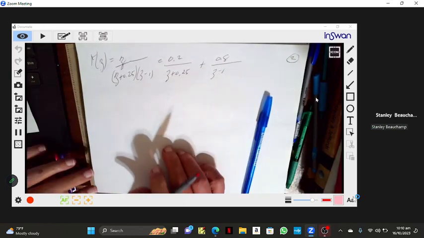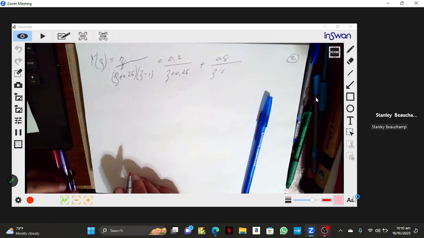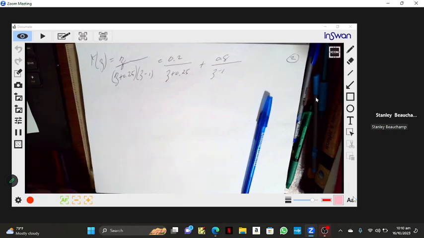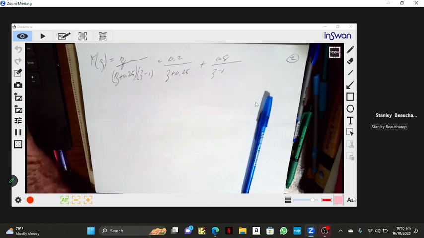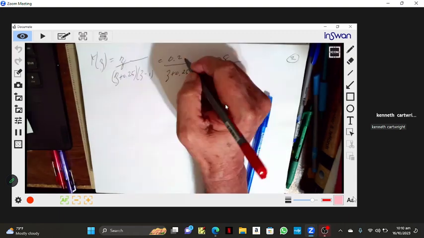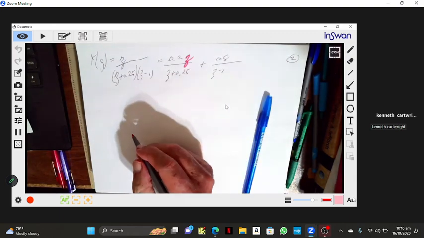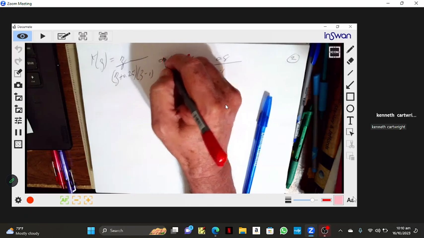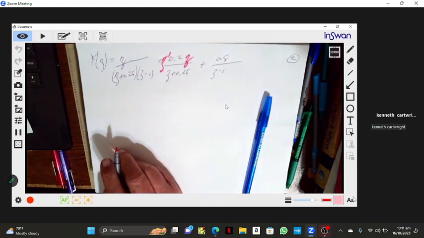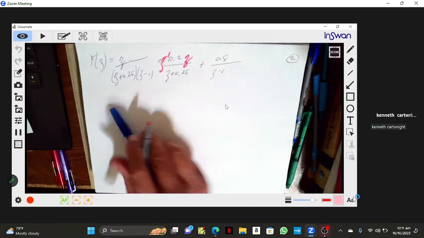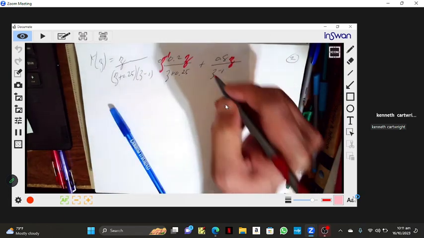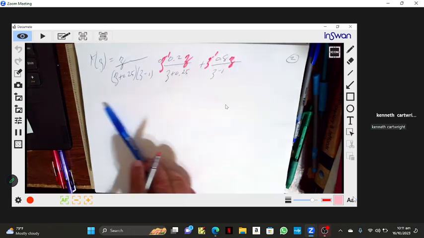The entry on the table that we should use is b to the n, u of n. Tell me what the z transform is, on the entry on the table. z over z minus b. So this should be z. That should be z there. But to put the z there, we've got to put the z minus 1 there. Otherwise, we changed it. Same is true of the second one. We need z here. But to put the z there, we've got to put the z minus 1 there.